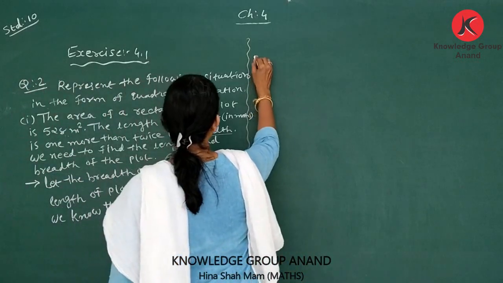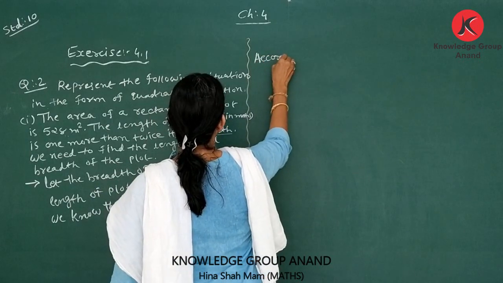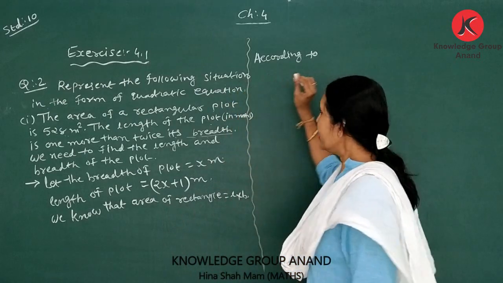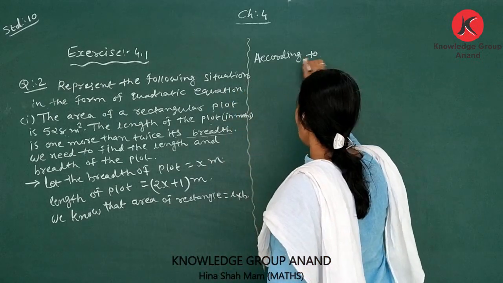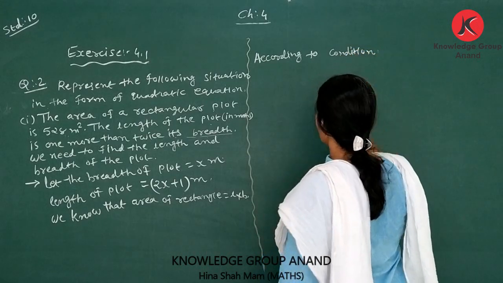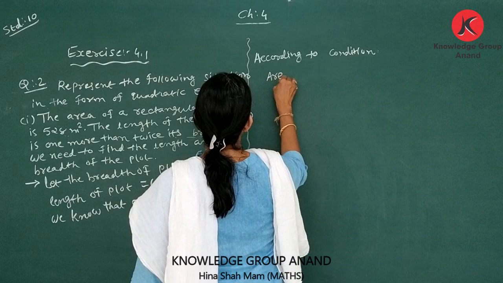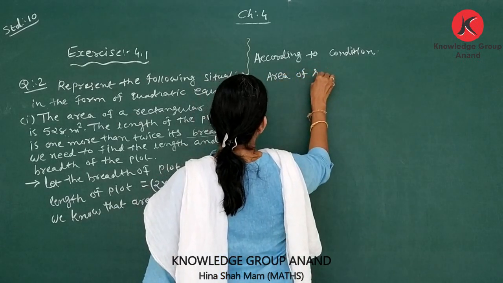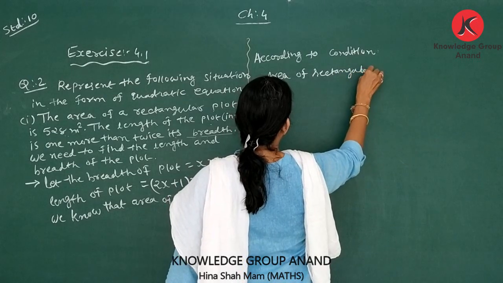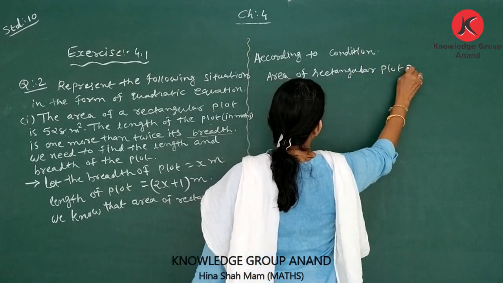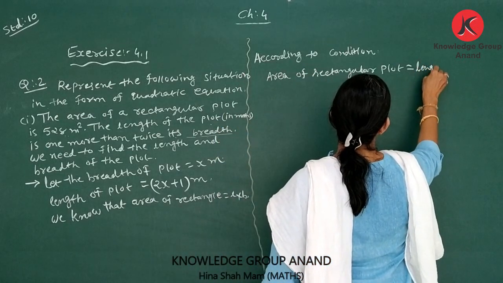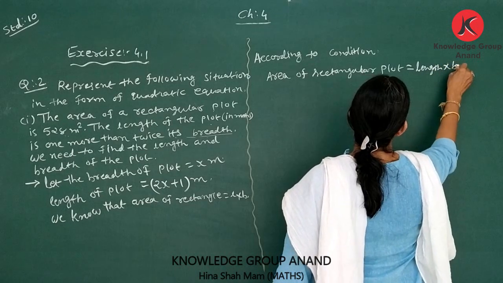Now, according to the condition in the problem, the area of the rectangular plot is equal to length into breadth.